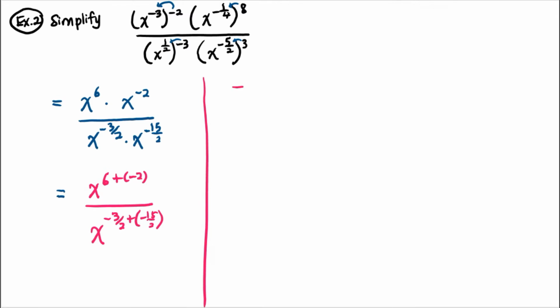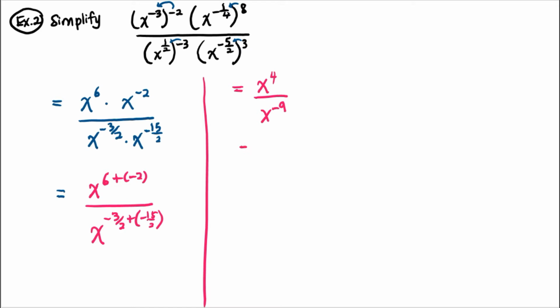So I have x to the power of, that one, 6 minus 2 will become 4. And at the denominator, negative 3 minus 15, so we have negative 18 over 2, so x to the power of negative 9.